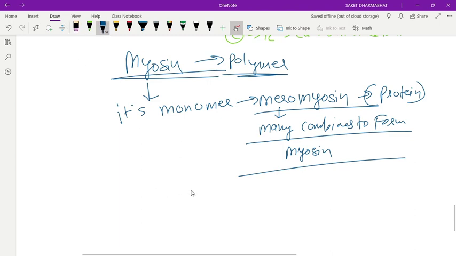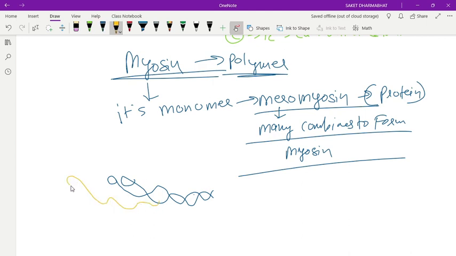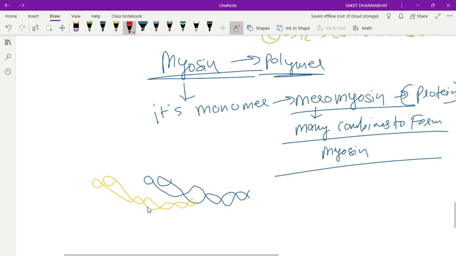It will be looking like this. It's like two snakes helically twisted with each other. Similarly, this side also.